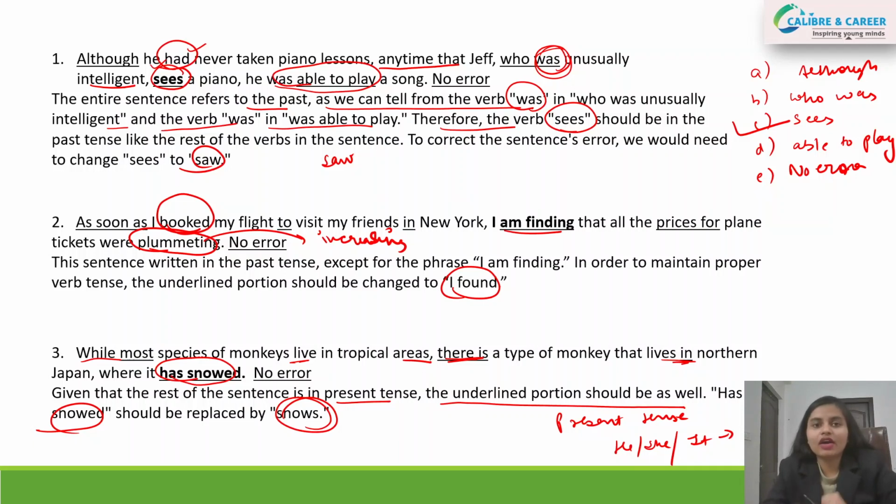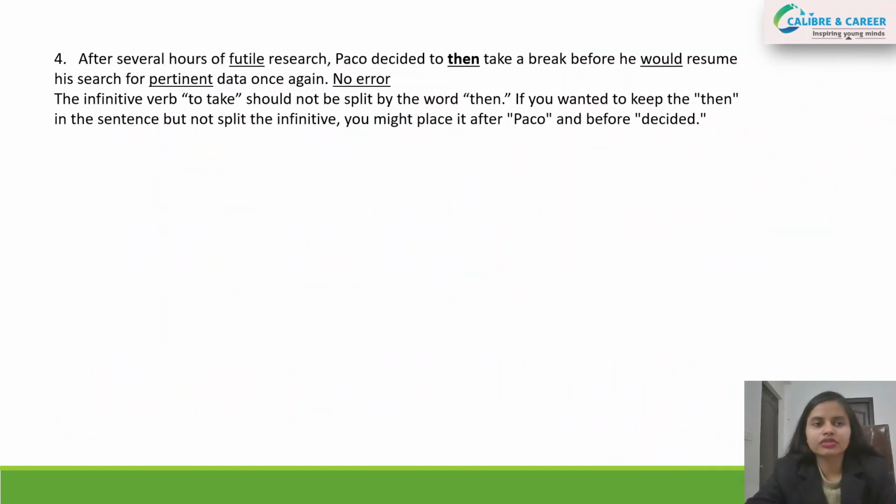Then you can identify, or you can see if the rules that you have studied, like with past continuous or present continuous, verb first form and ing should come. So if ing is not there, then you should see that also. All right. So once you can frame the meaning of the sentence, you can easily identify the error in the sentence. Now let's move to number 4.